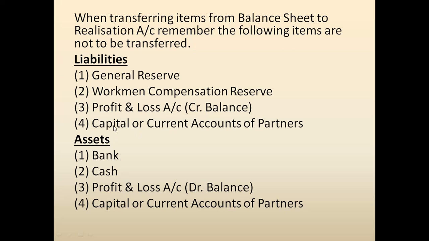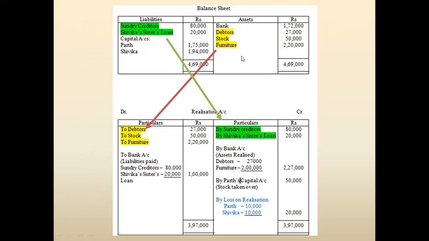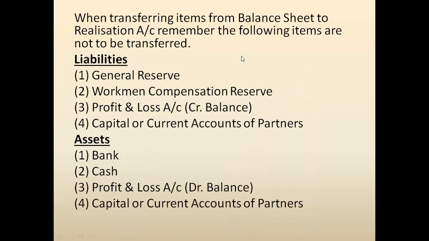And capital accounts or current accounts of partners, which will be in the liabilities column. Now from the assets column: bank, cash, profit and loss account if there is a debit balance, and if there is a debit balance of capital or current account of partners, then it will appear in the assets column, right?